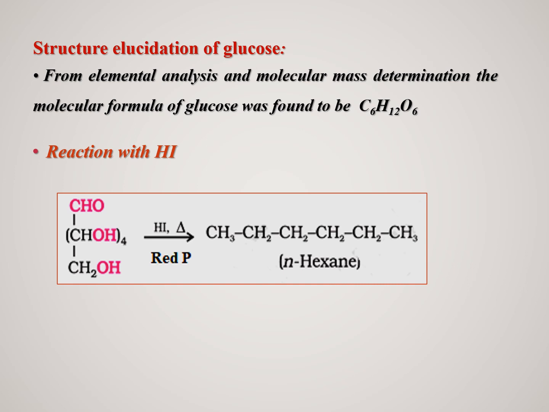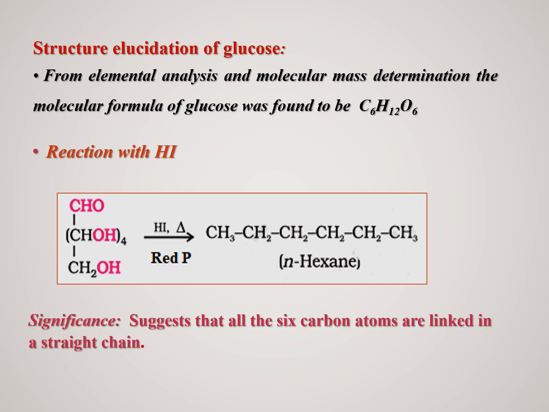So here you will observe n means straight chain. So if the product has got straight chain, n-hexane, that means the reactant glucose should also have a straight chain, indicating that as there is a straight chain of carbon atoms in the product, the glucose also must have 6 carbon atoms which are all arranged in a straight chain. Thus, we have got an idea about the arrangement of carbon atoms.